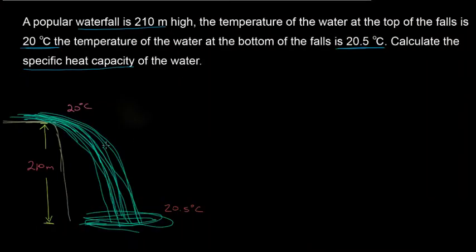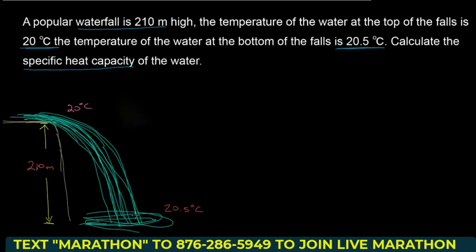In this scenario right here, we're going to have the water at the top of the waterfall falling down to the bottom of the waterfall. Now, during that descent, we're going to have energy being converted. So we're going to have energy at this point being converted to the energy that will exist at the bottom of the waterfall.